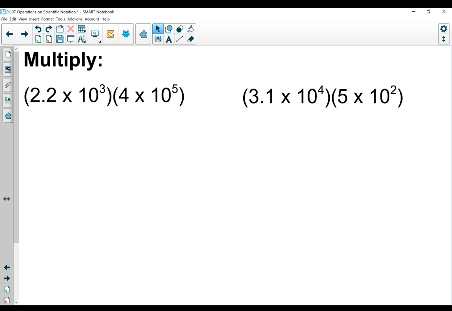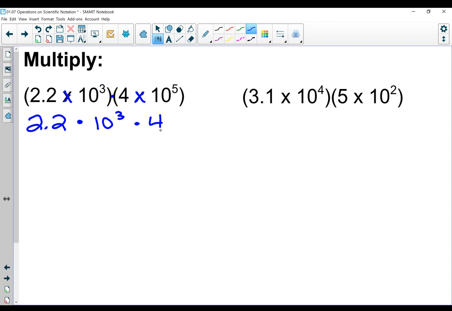So let's first think about what's really happening here. This X right here is a times sign, right? And then my parentheses, I'm showing multiplication, and then I have another multiplication symbol over here. So I'm going to write this a different way, just because I think it'll look easier to me. 2.2 times 10 to the 3rd times 4 times 10 to the 5th.